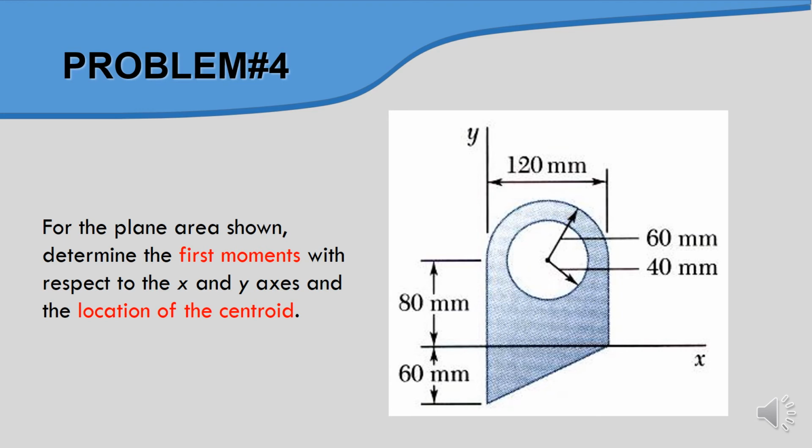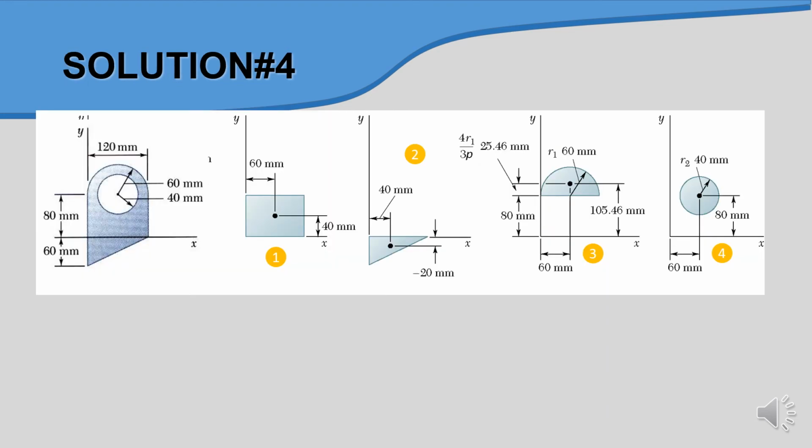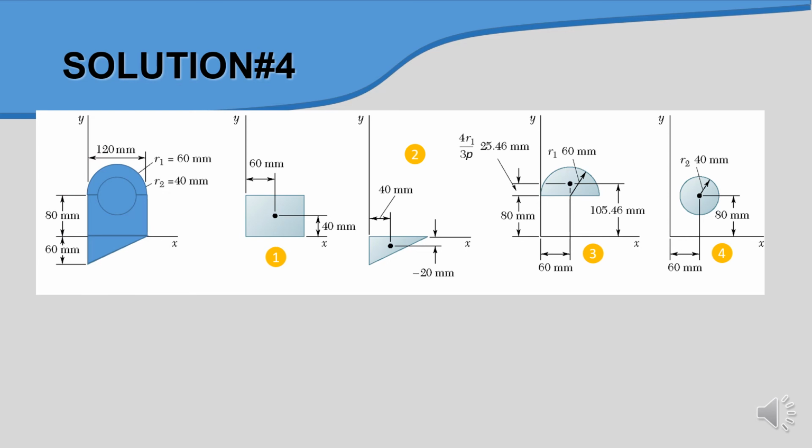Okay, basically we will divide it into 4 shapes. Shape number 1 is a rectangle, shape number 2 is a triangle, and then we have a semicircle.